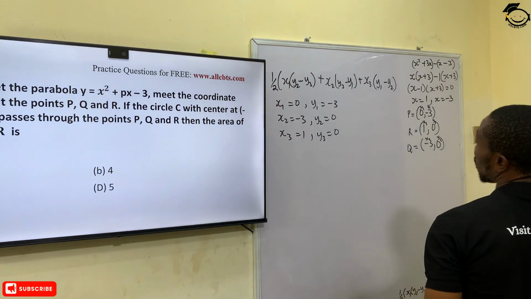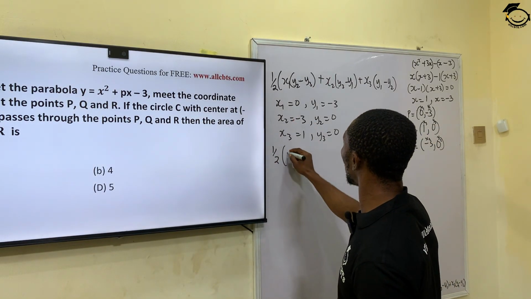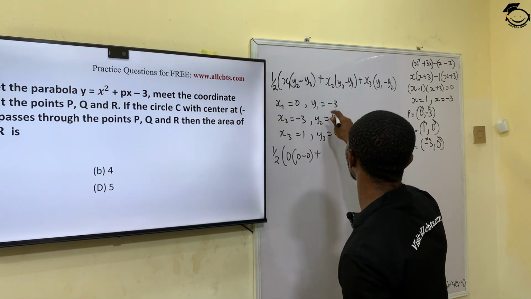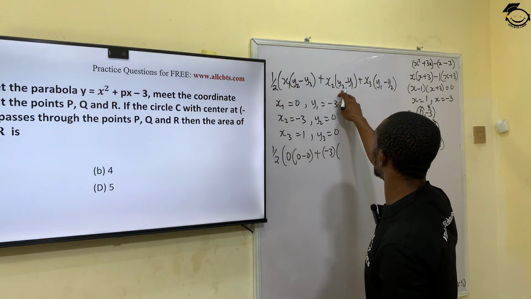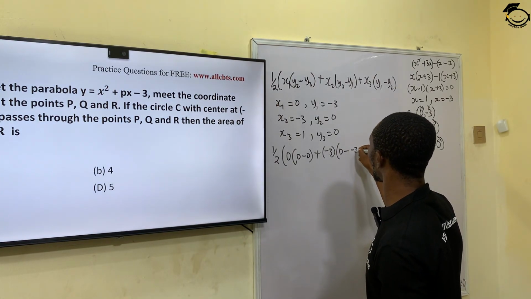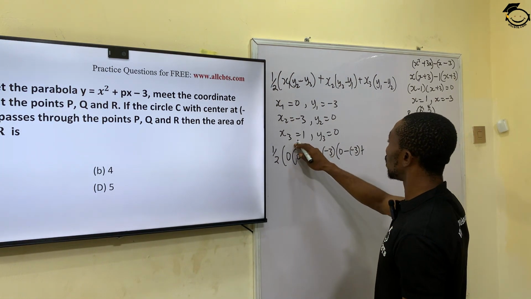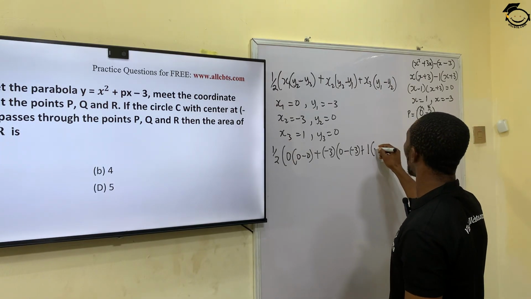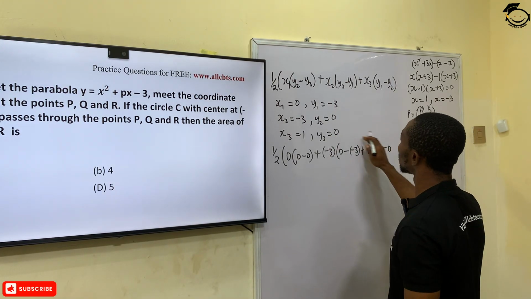Now, substituting these values into this, we have half bracket x1 0, y2 0 minus 0 plus x2 is minus 3 bracket y3 is 0 minus y1 minus 3 and plus x3 is 1 times y1 is minus 3 minus y2 is 0.